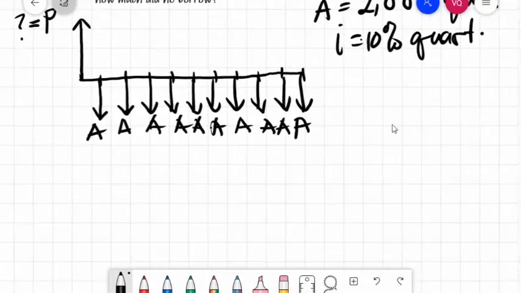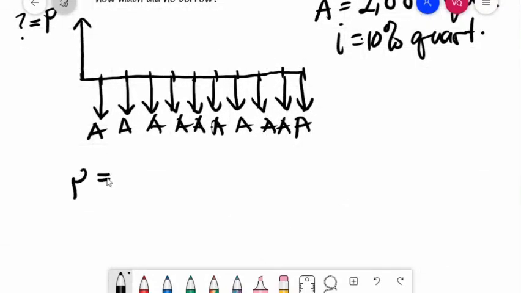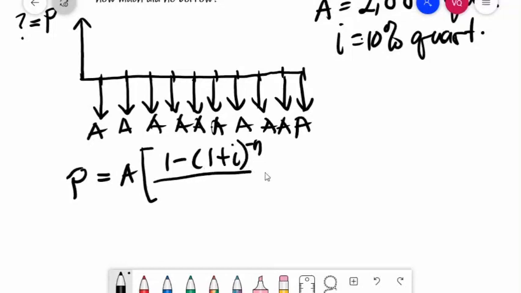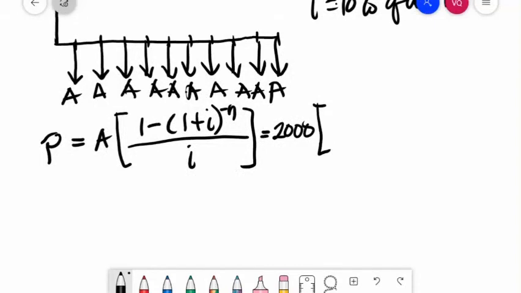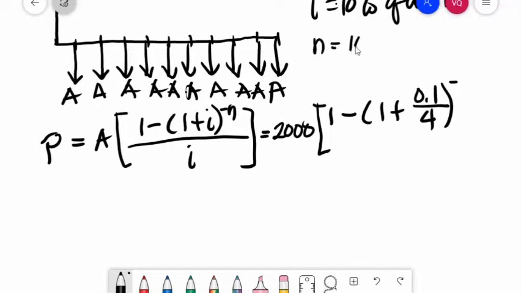From our formula, present is equal to A times 1 minus 1 plus I raised to negative n divided by I. So, annuity natin is 2,000 multiplied by 1 minus 1 plus I. So, I natin is 0.1 quarterly raised to, since our n is in quarter na, yung 10 quarters.